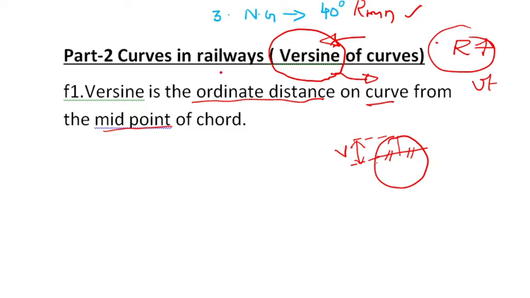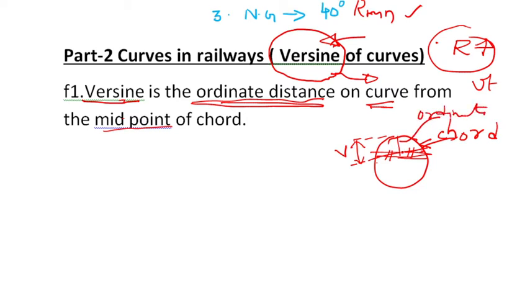Now let us look at the definition of versine. So what is versine? Versine is the ordinate distance on curve from midpoint of chord. What is this? Let us say this is a circular curve, and this is the chord, and this is the ordinate.